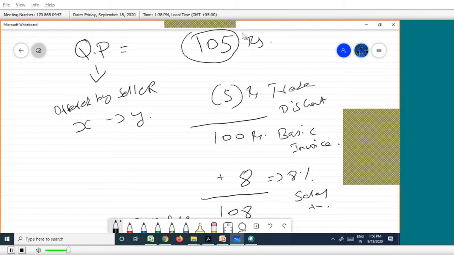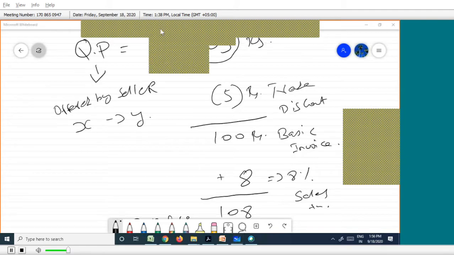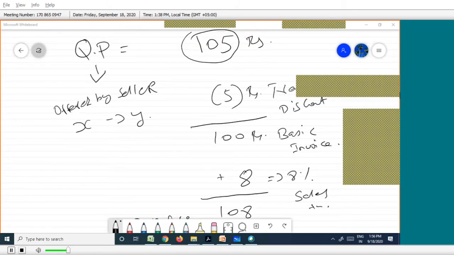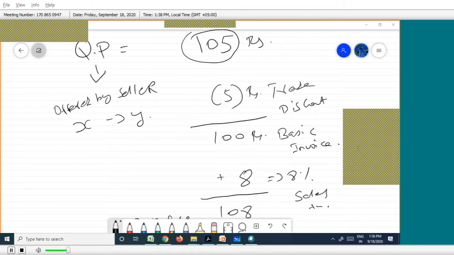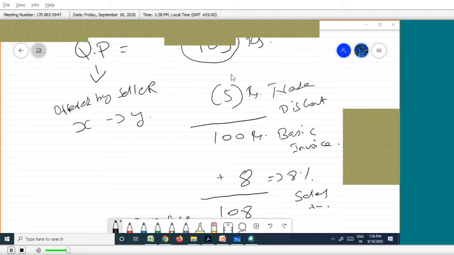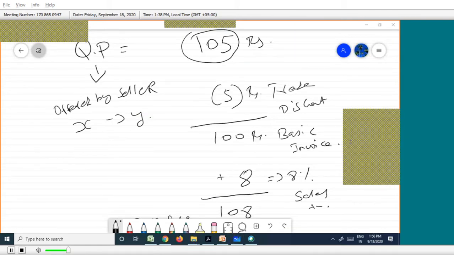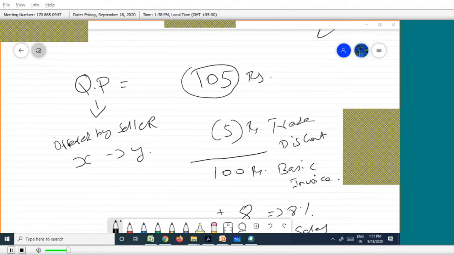Which one is the quoted price in this problem? 105. You are clearly correct. So 105 is the quoted price, correct?